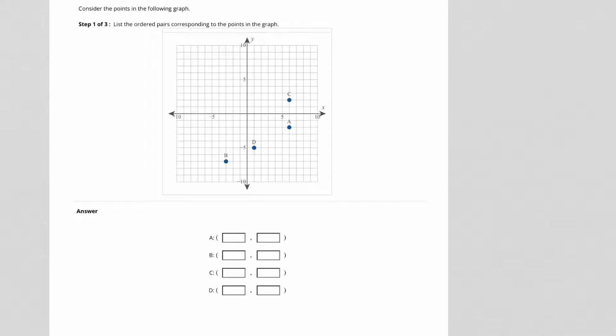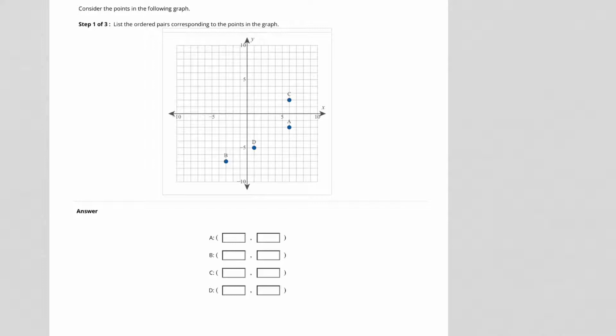In this question, we're asked to start with a graph and list the ordered pairs corresponding to the points in the graph. And I do this fairly systematically, and I actually read the graph from left to right.